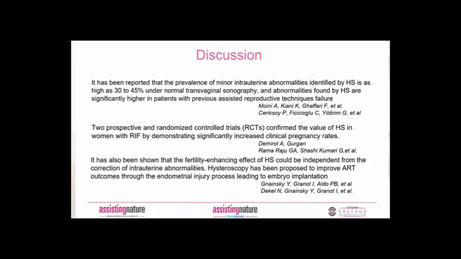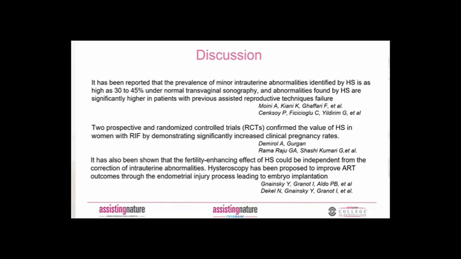It has been reported that the prevalence of minor uterine abnormalities identified by hysteroscopy is as high as 30 to 45% under normal transvaginal sonography, and abnormalities found by hysteroscopy are significantly higher in patients with previous assisted reproduction techniques failure.